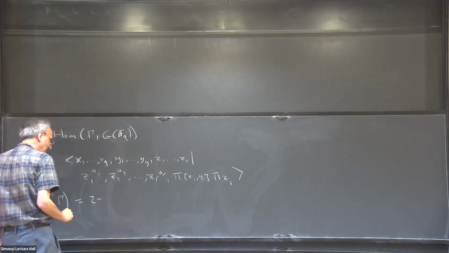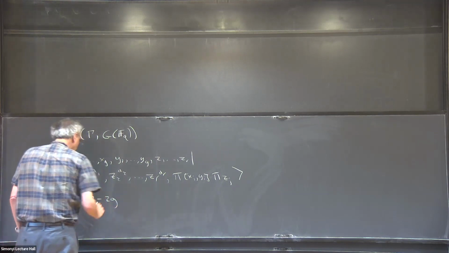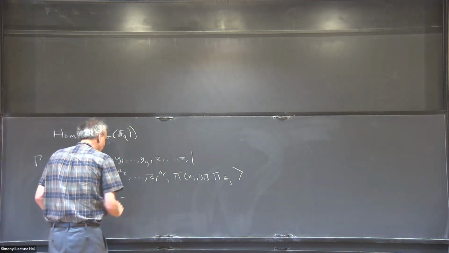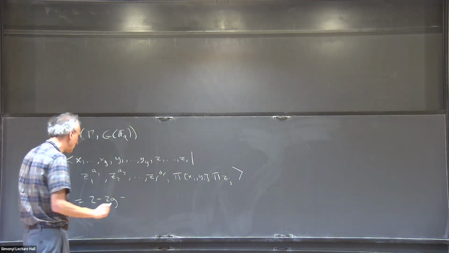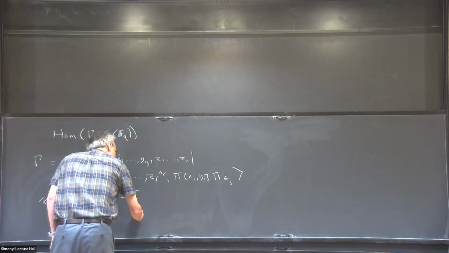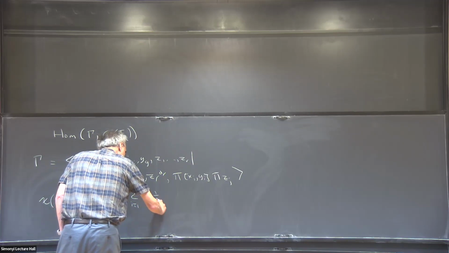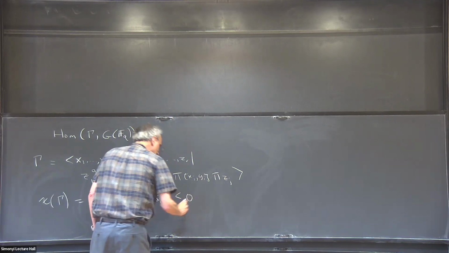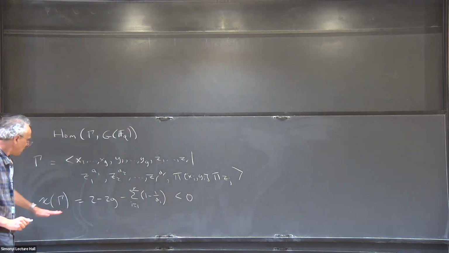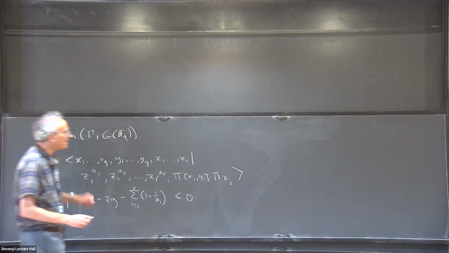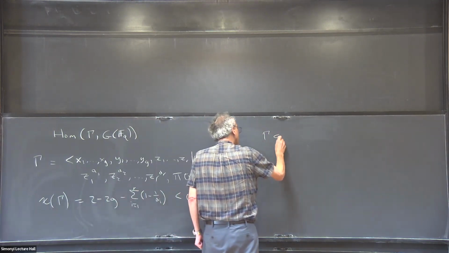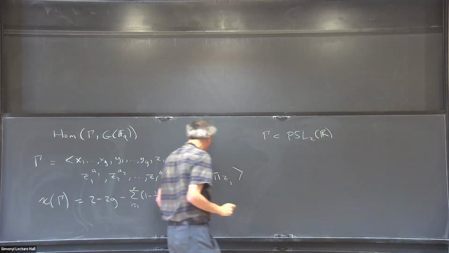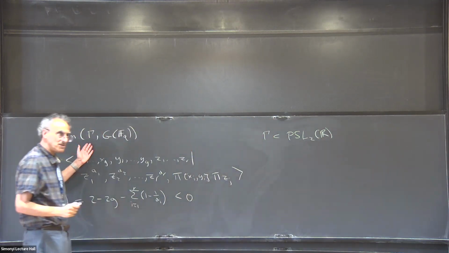So that means it's 2 minus 2g, that's the part which doesn't come from torsion, minus the sum from i equals 1 to r of 1 minus 1 over a_i. And this should be less than 0. With this condition, we actually get a Fuchsian group. So Γ will be a co-compact subgroup of SL2(R). And so that's the Γ that I'm interested in.